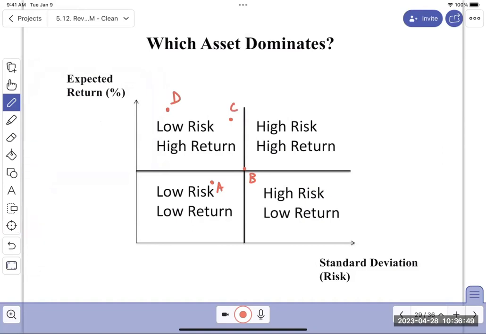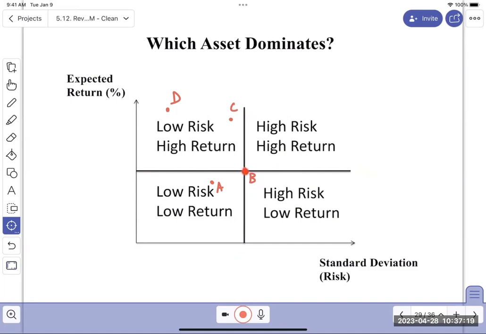So which of these assets dominate the others? Which asset dominates the others? In other words, which one is up and to the left? Now, the way that I've drawn it, I'm just showing you how you think about it for B. B falls here.